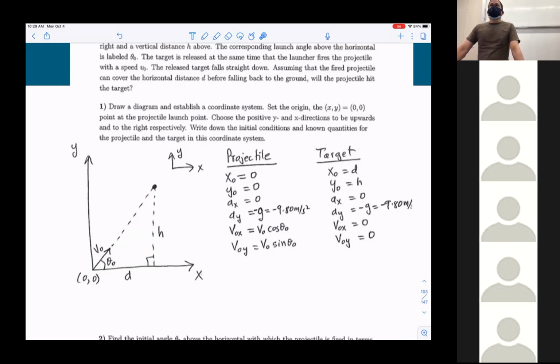So somehow we want to know at what time does this projectile cross x equaling d? At some time, it's going to cross x equaling d. At that time, what is the height of the projectile? And at that same time, what is the height of the target? If the two heights are the same above the ground, then they will hit. If they're not, then they will not hit.